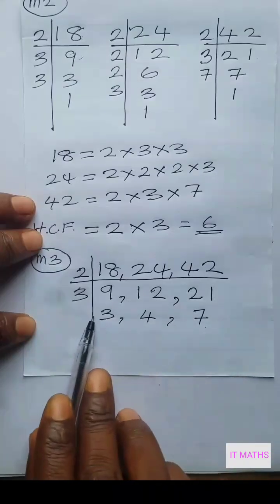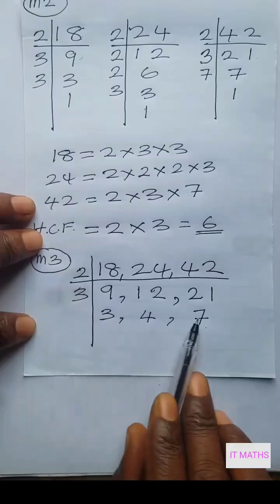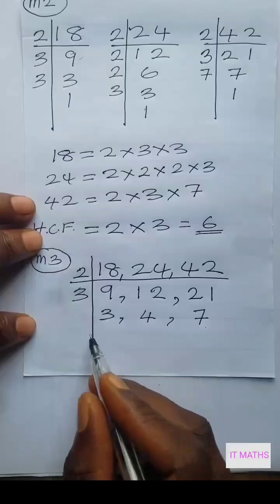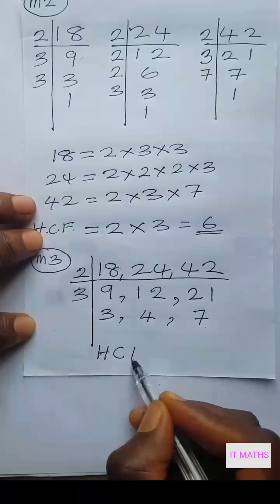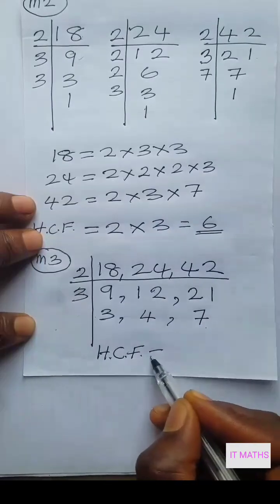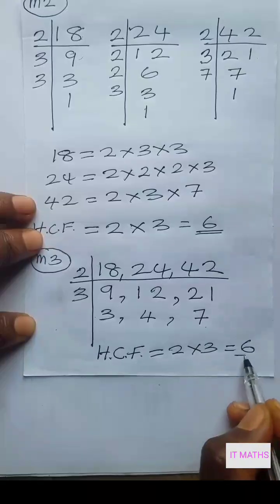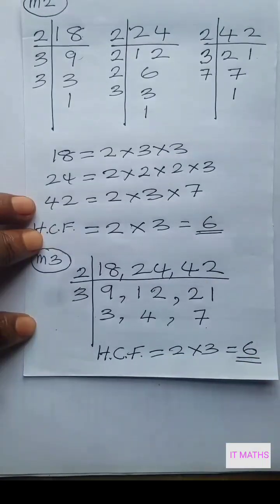Nothing. This is a prime number. No other number can go into it. See another prime number here. No other number can go into it. So that means we've gotten to the end. So our highest common factor becomes 2 times 3, which is 6, as we had in the other 2 examples.